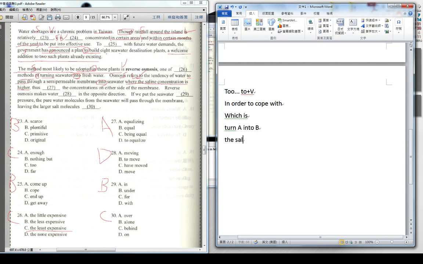The saline concentration is higher. Okay, this is a complete sentence, but we use it to imply the place. So the place where the saline concentration is higher. But we can delete "the place" because we already have the place. The place is seawater, so we just say seawater where the saline concentration is higher.